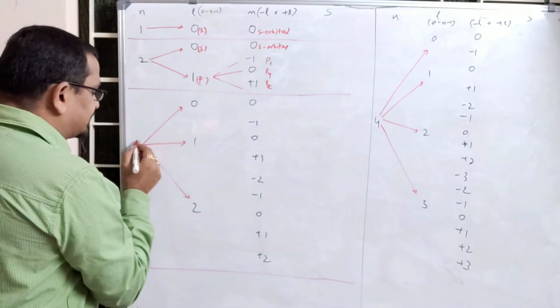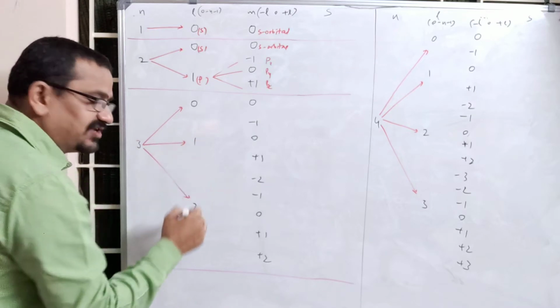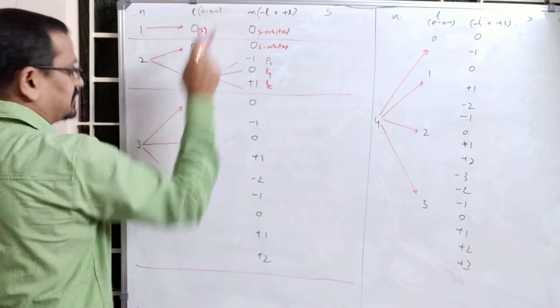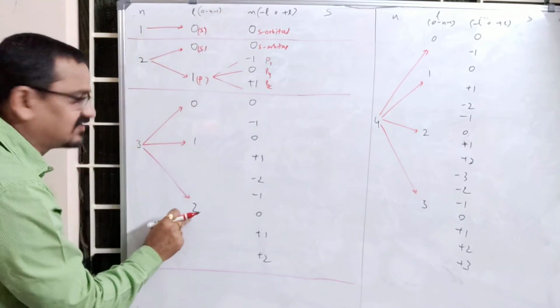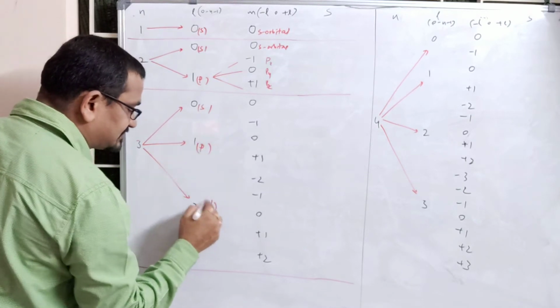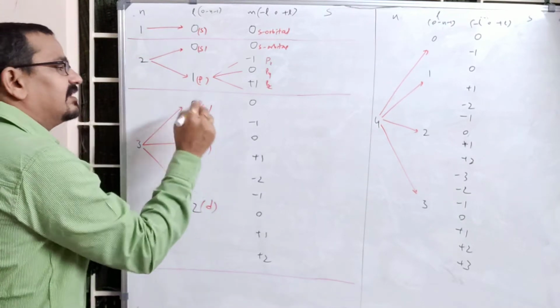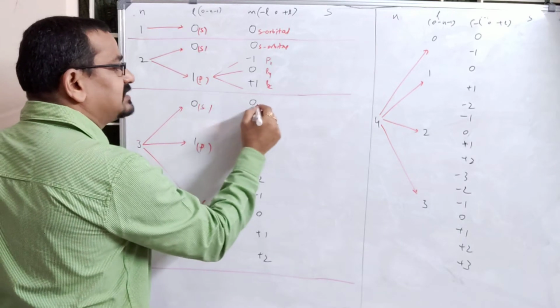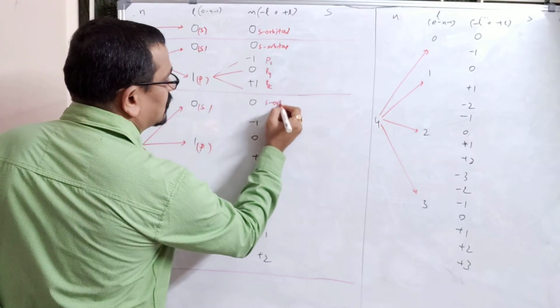Similarly, the third main energy level has 3 sub-energy levels, from 0 to 3 minus 1. This is called the S sub-level, this was the P sub-level, and this was named the D sub-level. As usual, S has only one orientation, called the S orbital.